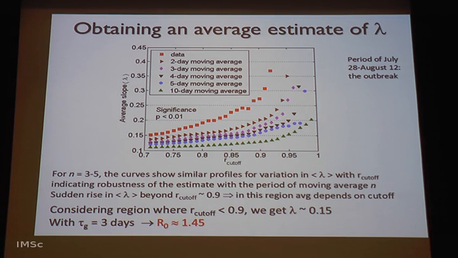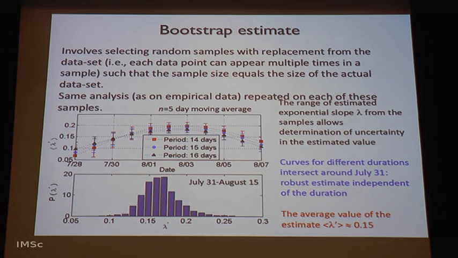So here also we have taken this average slope lambda to be 0.15, so R naught is 1.45. Then, for the range, we have used a bootstrap estimate.